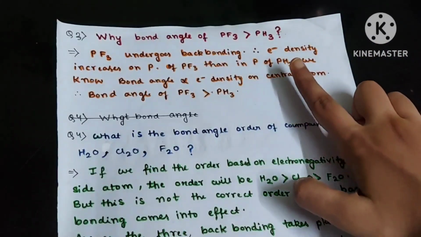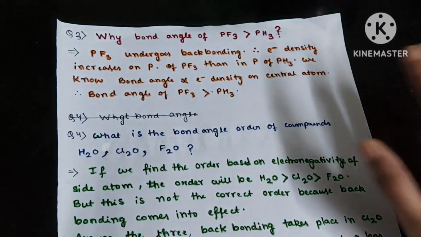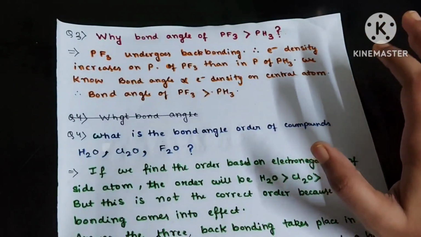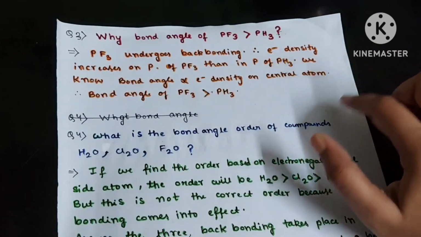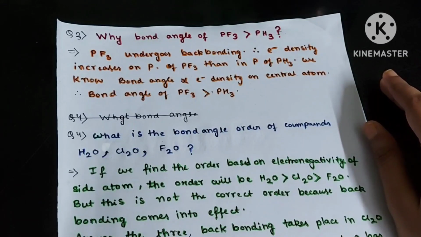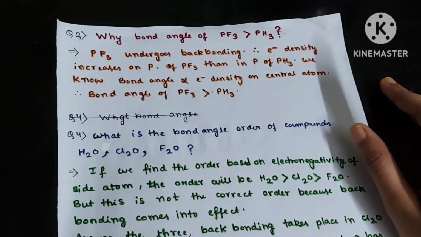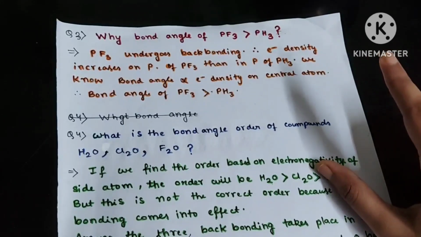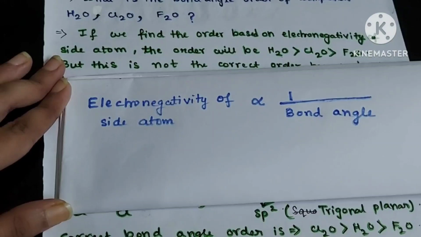So in PH3 electron density will remain the same, but in PF3 electron density increases. We know bond angle is directly proportional to electron density on the central atom. Therefore the bond angle of PF3 is greater than PH3 because electron density is increasing in the case of PF3.